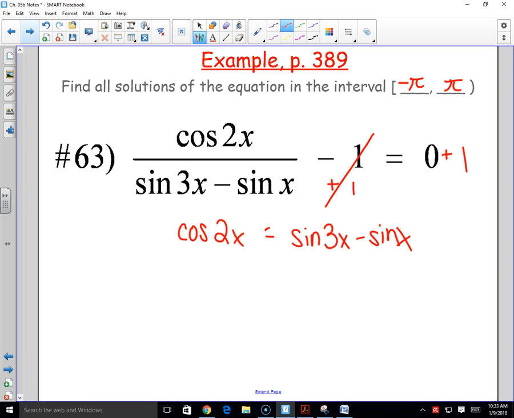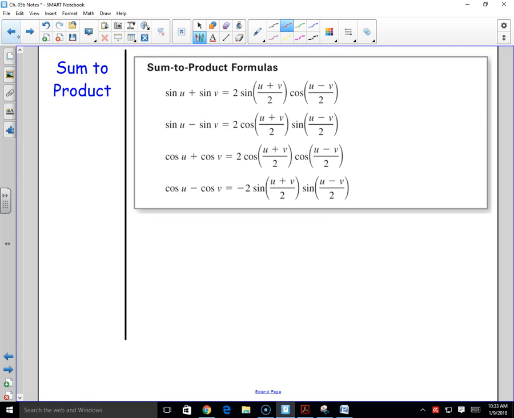There is a sum to product formula. If you want, you could write it down right now, because you guys don't have those ones. Where we have sine of u plus, nope, minus, sine of v. You guys need to have your formulas close in this section, because you're not even supposed to memorize them all.